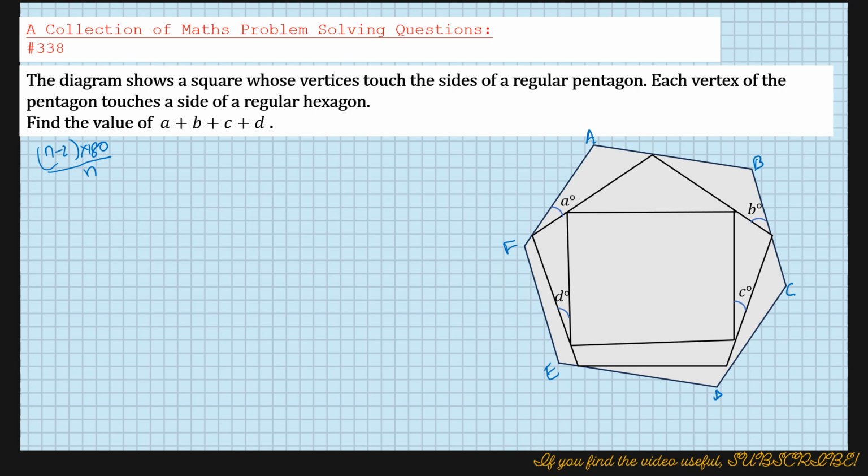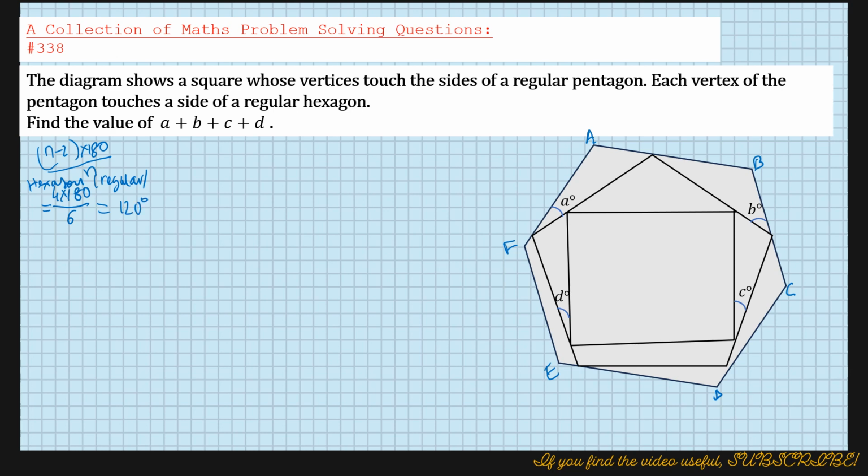So for the hexagon it's 6 sides, so 6 minus 2 is 4, times 180 divided by 6. So for a regular hexagon that would be 6 times 30, so that's 120 degrees.